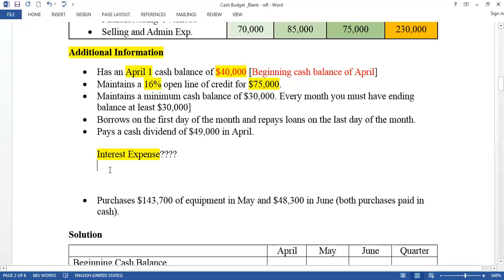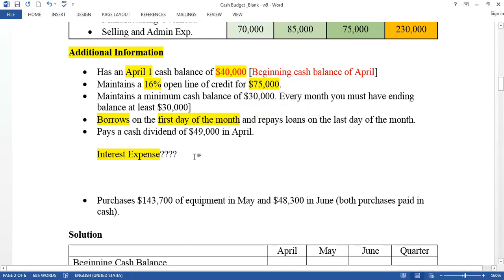Assume that according to this question, you need to borrow money. When you are going to borrow the money, the question said that it should be the first day of the month. Do you understand?